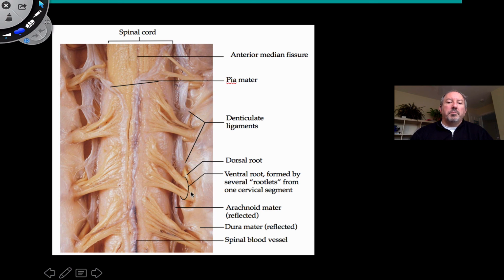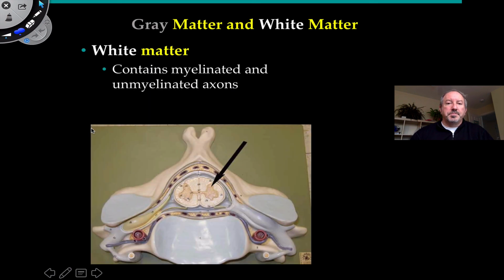And then the arachnoid is pulled back, and also the dura layer is pulled back so that you can actually see inside here. And these are blood vessels that are supplying the spinal cord. Pretty awesome view. And then you could see here are the spinal nerves, which are coming out laterally from the spinal cord.